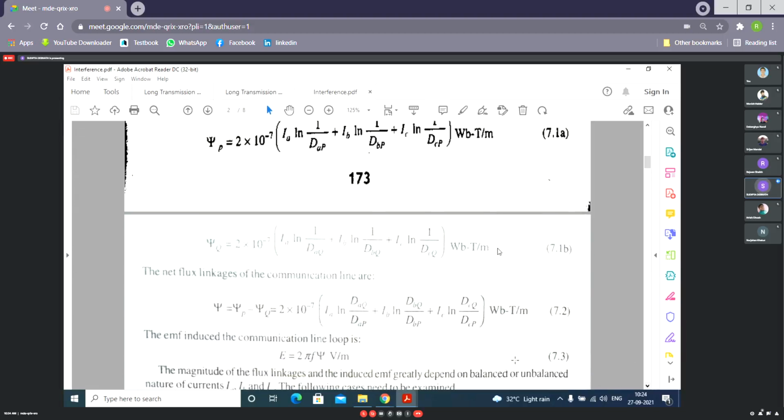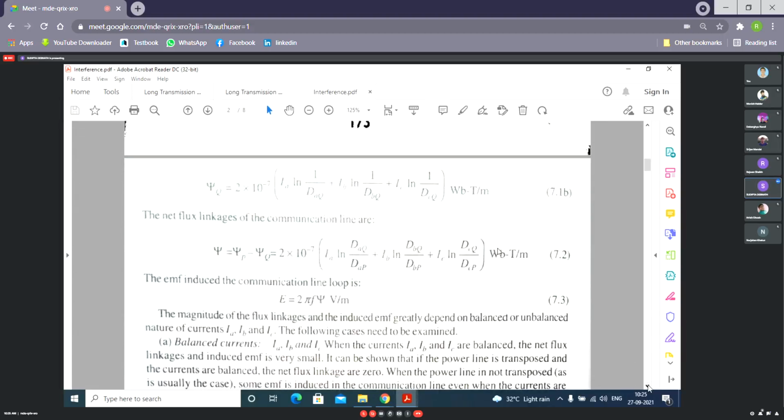Now the EMF induced in the communication line is 2 pi f psi. So this is the EMF induced in the communication lines due to the current flowing in the power lines. The magnitude of the flux linkages and the induced EMF greatly depend on the balanced or unbalanced nature of currents.